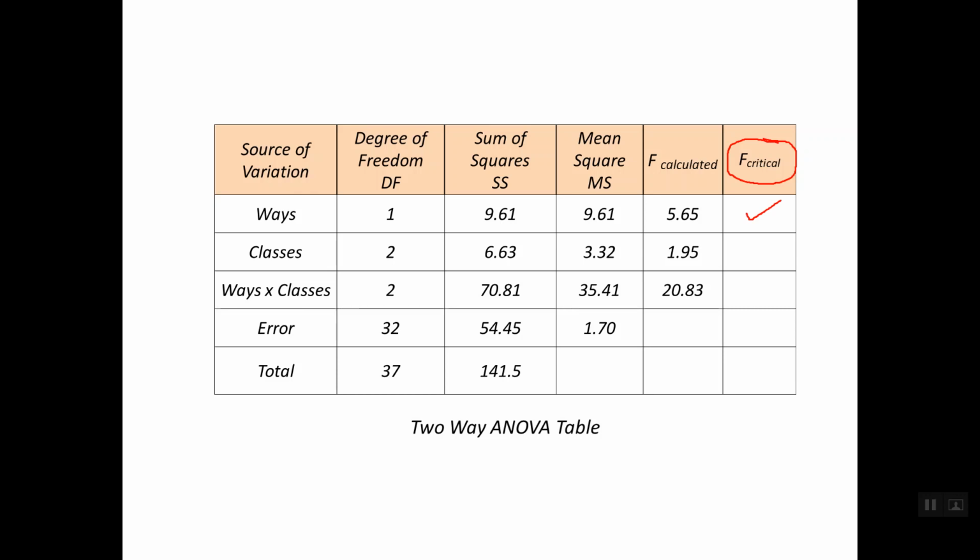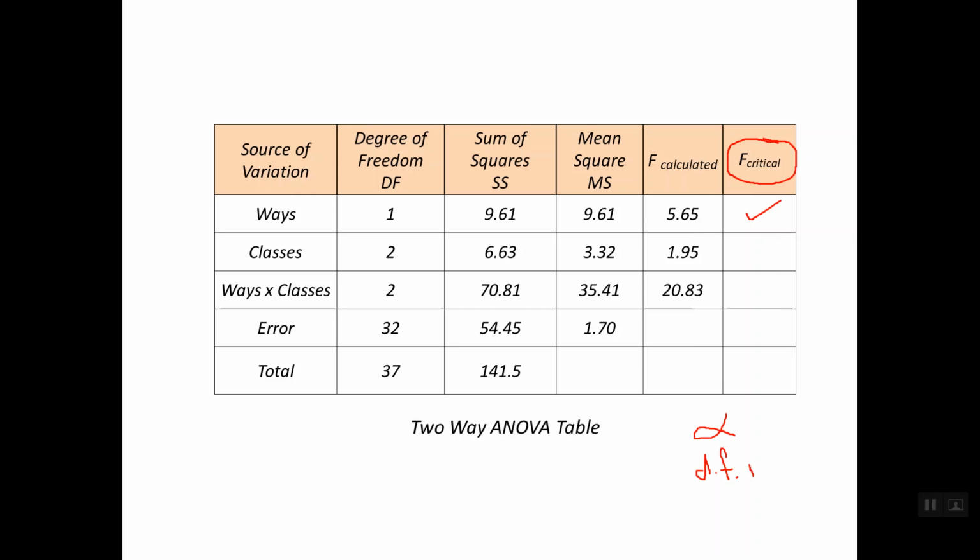First of all, the value of alpha, which is the significance level, and the degree of freedom for the ways, which is 1.